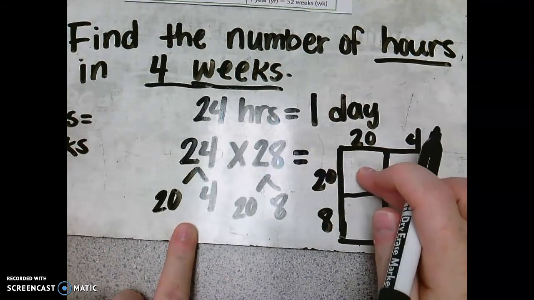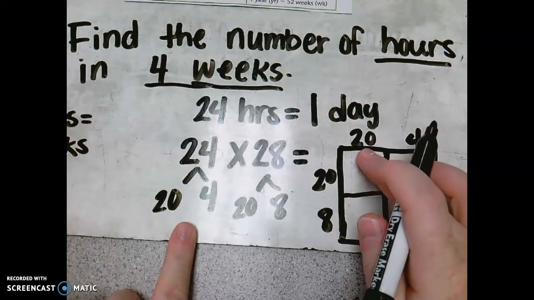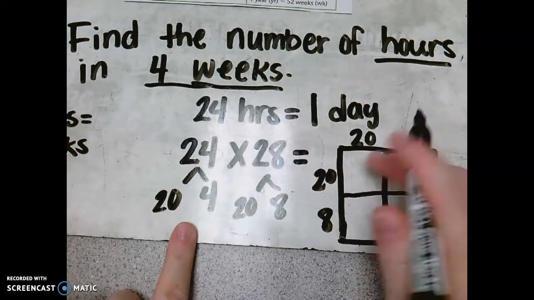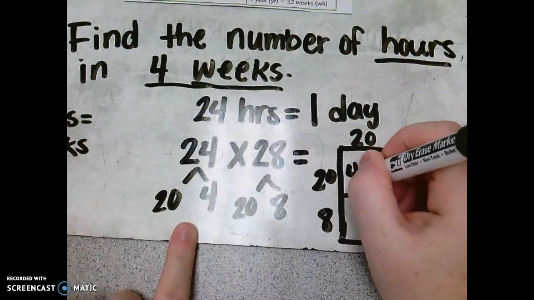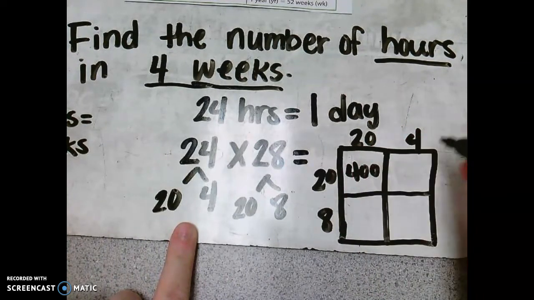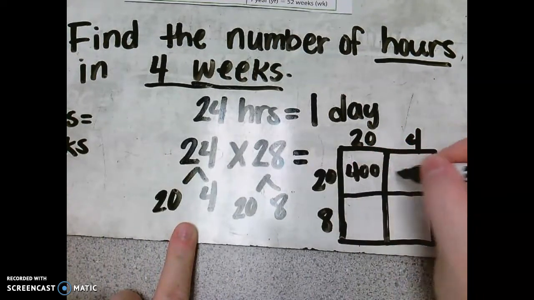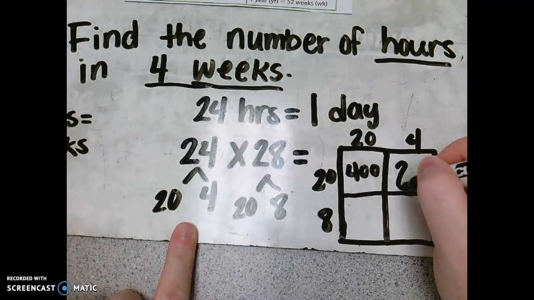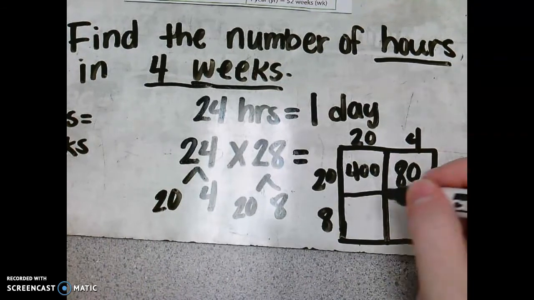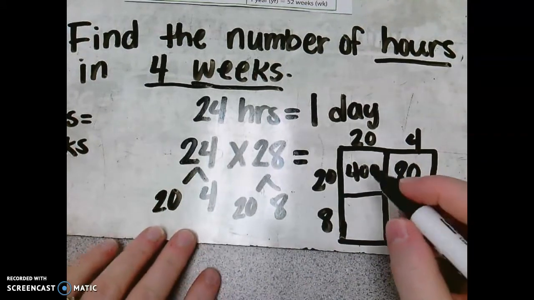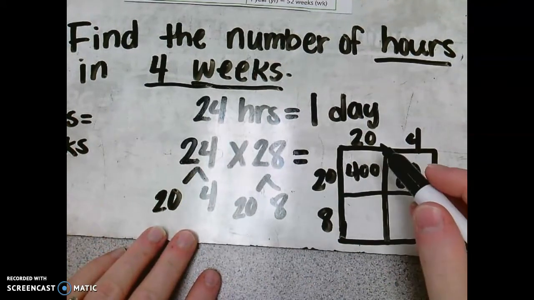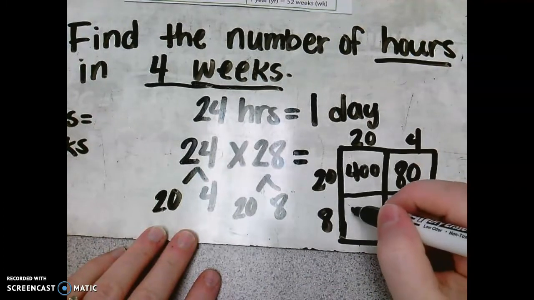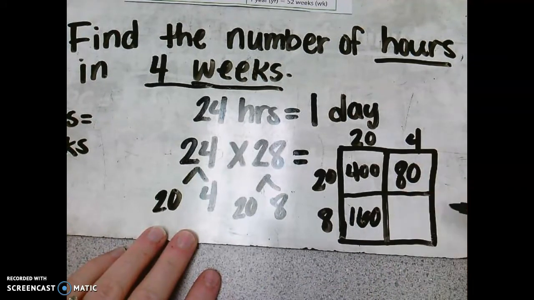Now in this first box, we're going to multiply 20 times 20, what's on top and what's beside, which is 400. 4 times 20 is 80. Then 8 times 20, 8 times 2 is 16, and let's add our 0.